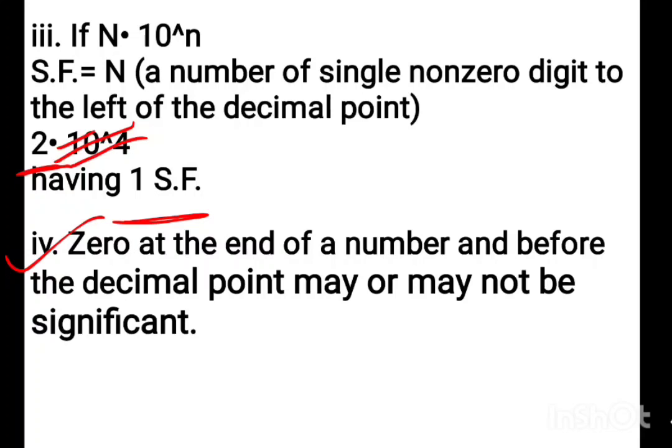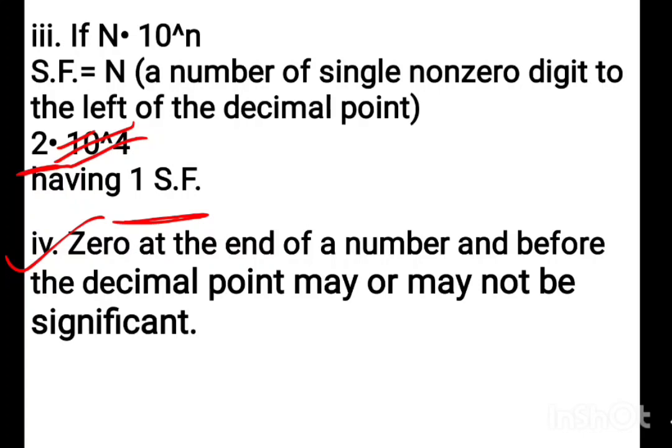Okay, next one, 0 at the end of a number and before the decimal point may or may not be significant. That is, after the end of the number, sometimes তুমি 1500, 2000, 1 কোটি এগুলোর ক্ষেত্রে তুমি যত জিরো পেছন দিকে বসো না কেন তোমার সেটার কি হয়, একটা সিগনিফিক্যান্ট থাকে, ঠিক আছে? কিন্তু এমন কিছু সংখ্যা হয় যার পিছনে তুমি যত শূন্য বসাও না কেন সেটা সিগনিফিক্যান্স নাও থাকতে পারে। তো এখানেই বলছি কোনো সংখ্যার পেছনে তুমি জিরো বসাও বা দশমিকের আগে জিরো বসাও, সেটার সিগনিফিক্যান্স থাকতেও পারে নাও থাকতে পারে। দশমিক আগে যদি জিরো বসাও সেটা সিগনিফিক্যান্স থাকে না। 0.101 is almost equal to .101.